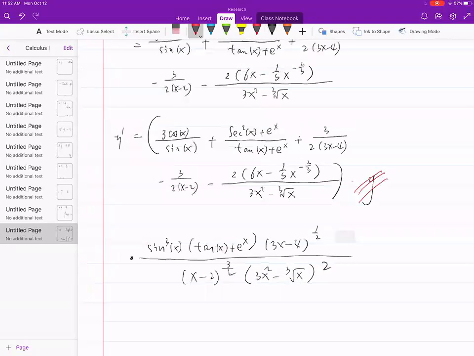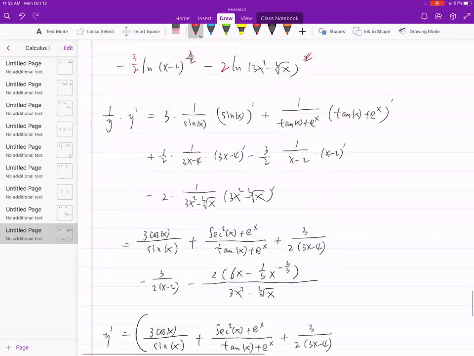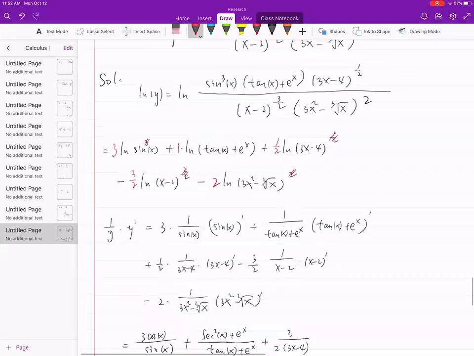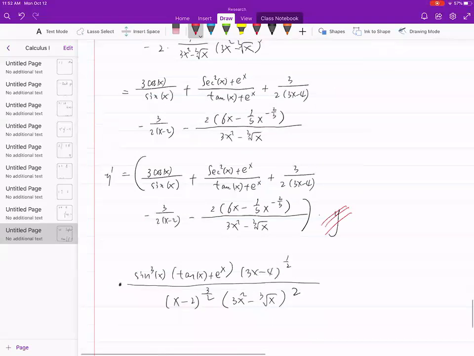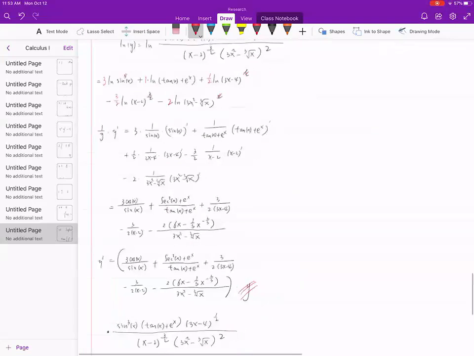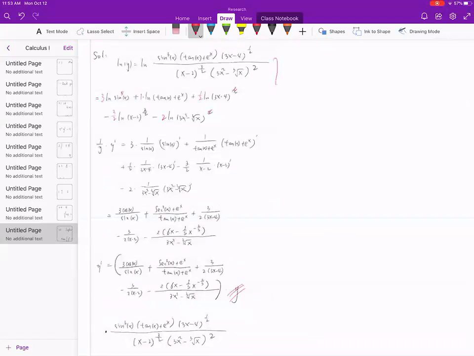All right. That's a long problem. The first part is try to use log property.